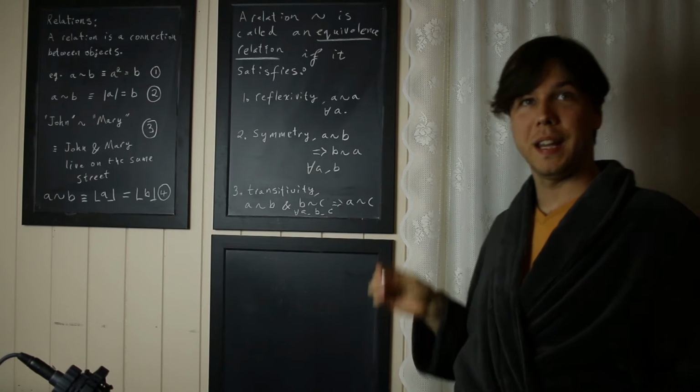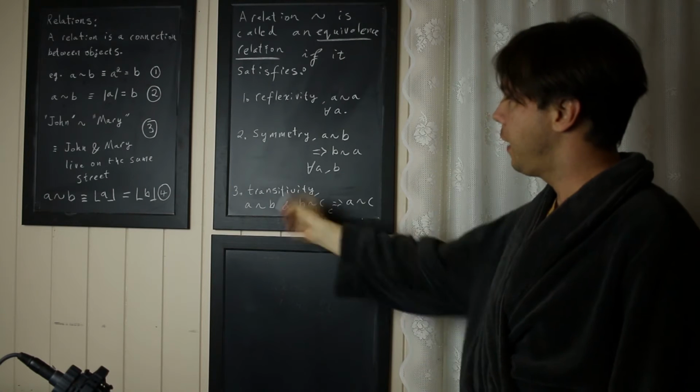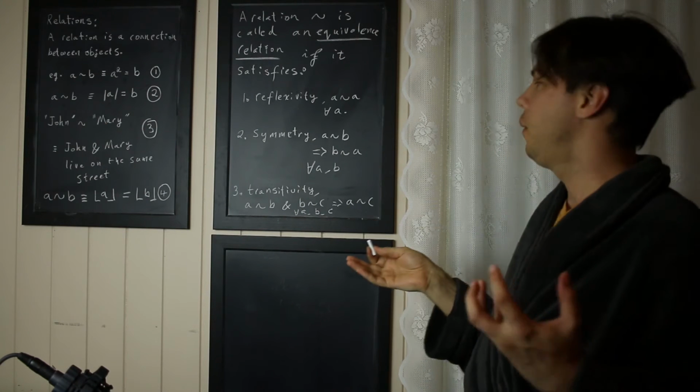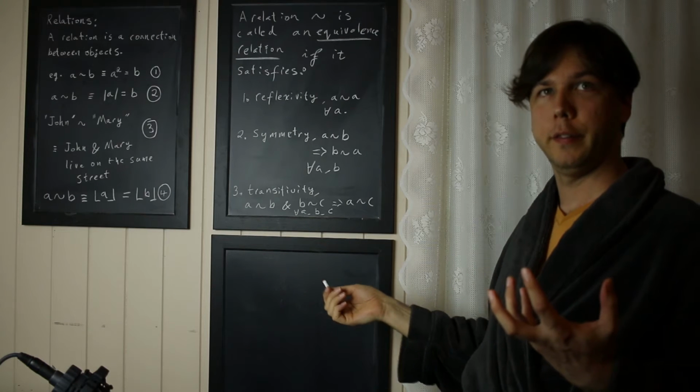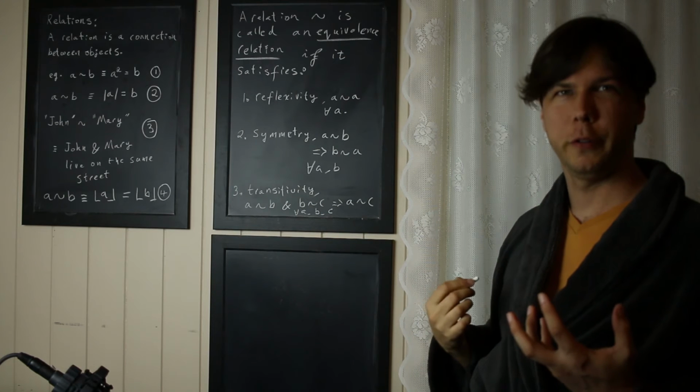Okay, so if I pick any three elements, A, B, and C, and A relates to B, and then B relates to C kind of separately, then it's also true, this implies that A relates to C. So it kind of flows through.